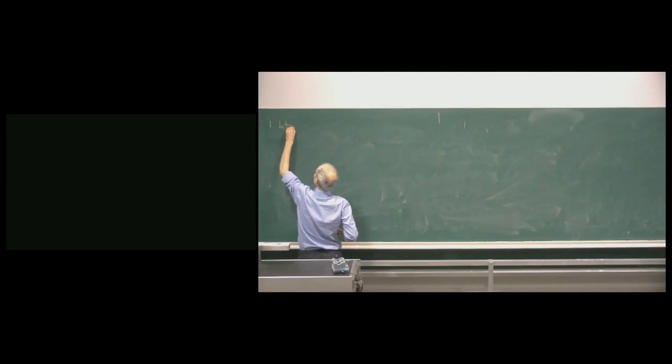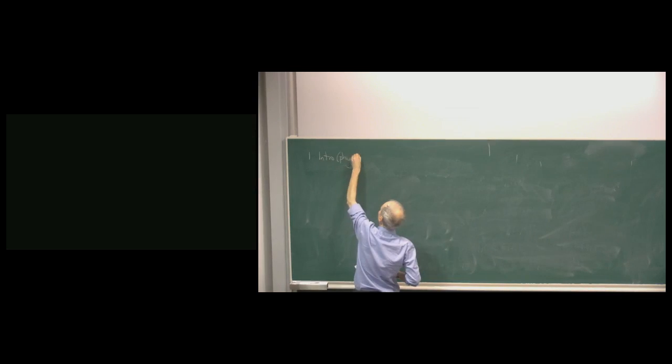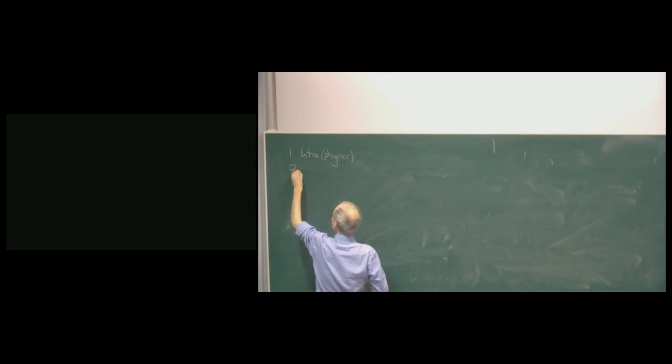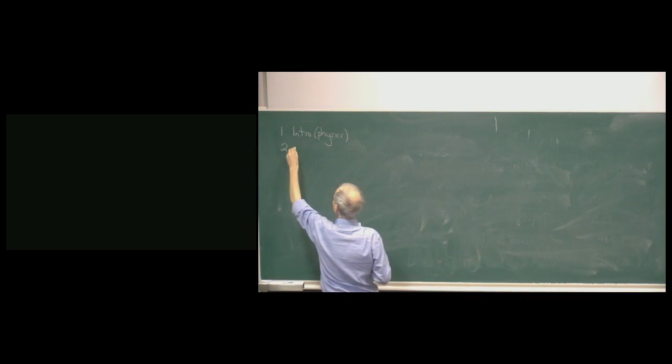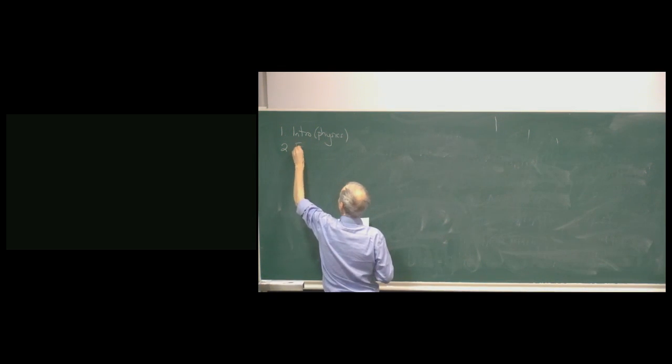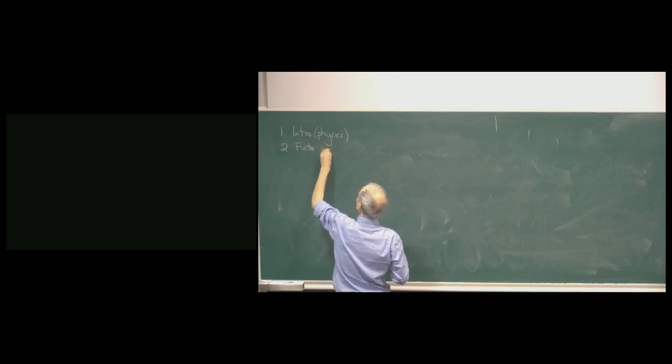Okay, so rough outline of the talk is firstly there's an introduction, and this is where the physics is. So it's sort of hand-wavy bit. And then I want to talk about finite spectral triples, which is the main subject of my talk.